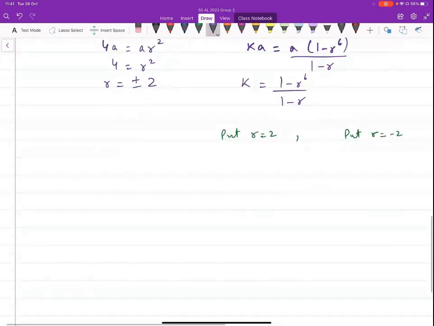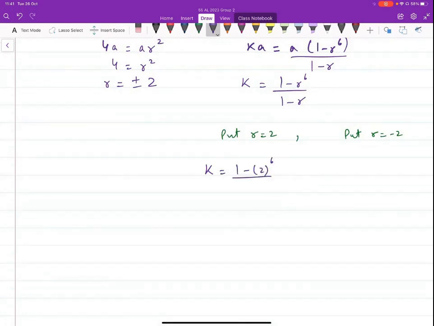When r equals 2, we get k equals 1 minus 2 raised to power 6 divided by 1 minus 2. When r equals minus 2, we get k equals 1 minus 2 raised to power 6 divided by 1 minus 2.